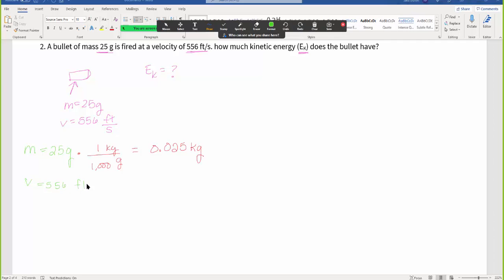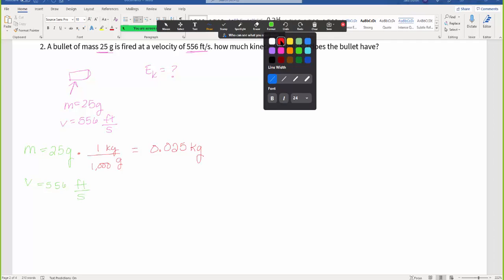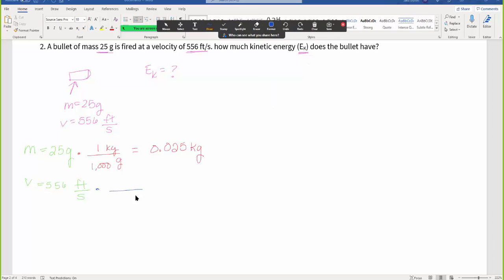And the other thing they gave us is that the velocity is equal to 556 feet per second. Well, we want to change that feet to meters because we want MKS units. And if you're not sure what that conversion factor is, look it up in your appendix. And it is 1 foot is 0.3048 meters.